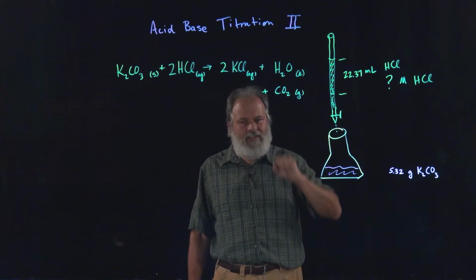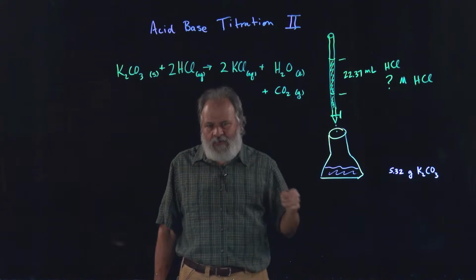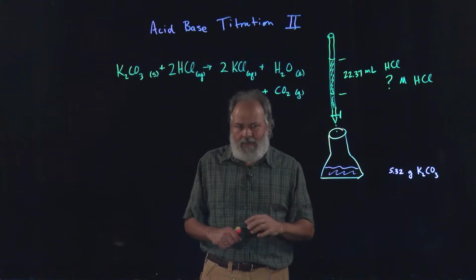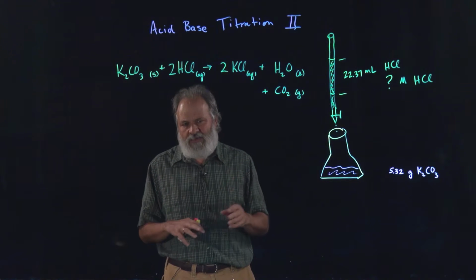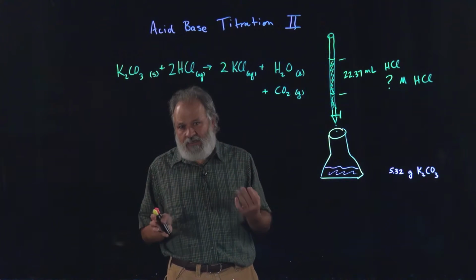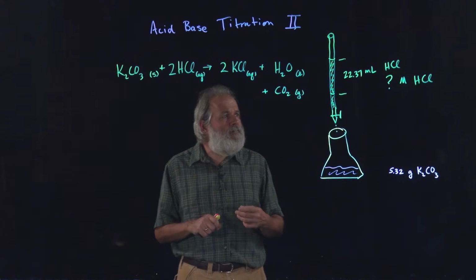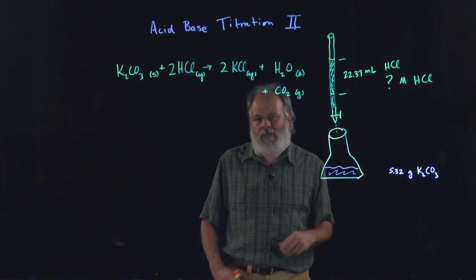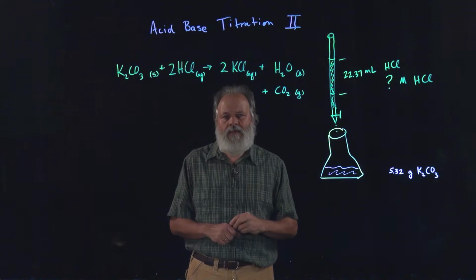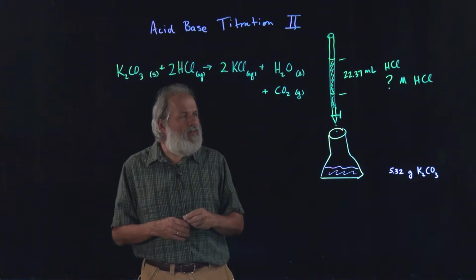Then we titrate with HCl, and then we find the equivalence point, which is given by an indicator, a substance which changes color at the neutralization point. And from that, we're going to calculate what the molarity of the acid is that we titrated with.